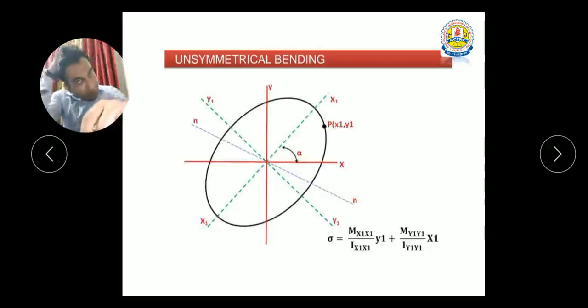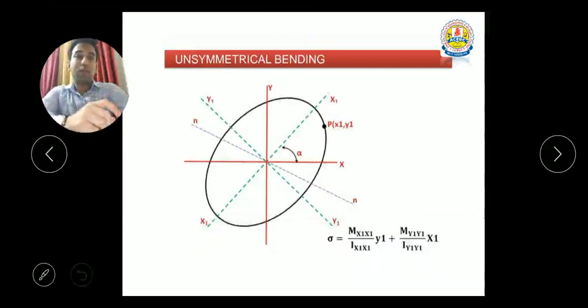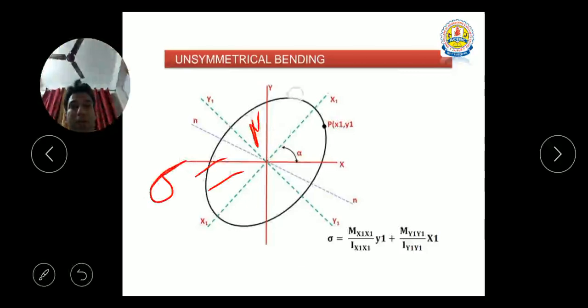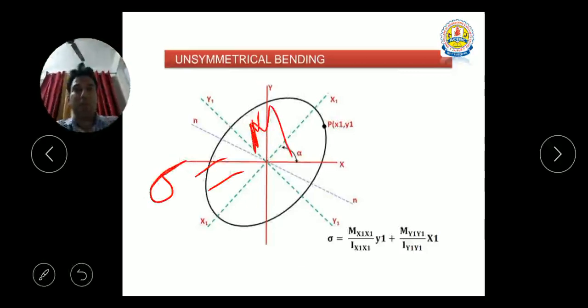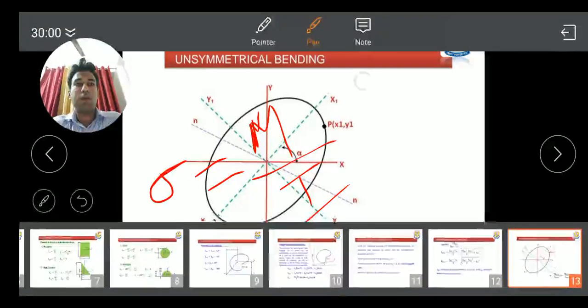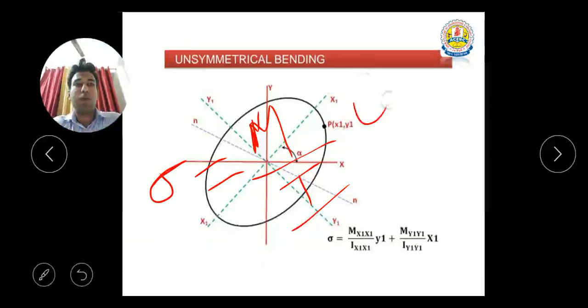After getting the transformation equations and angle theta, we calculate bending stresses in those unsymmetrical sections. Bending stress is sigma equal to M upon I multiplied by y.